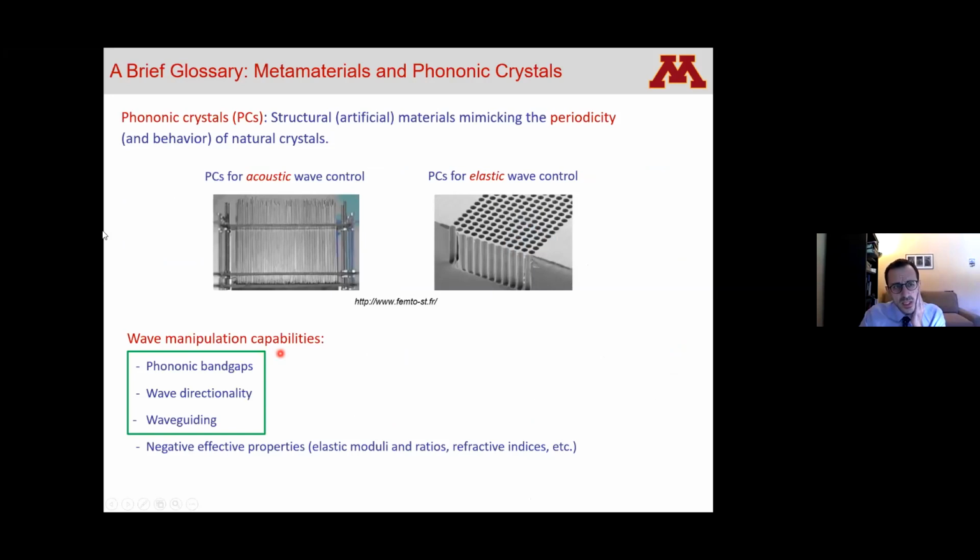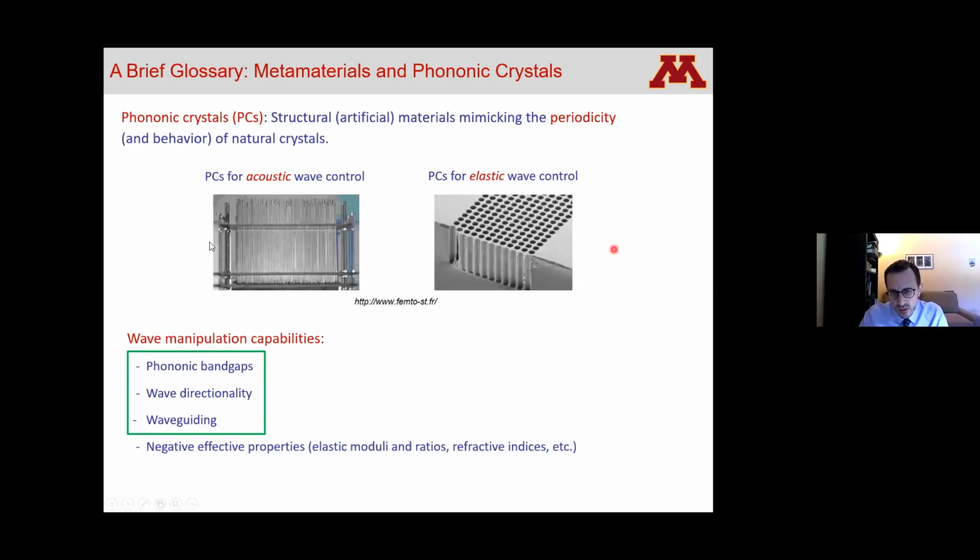Another concept that is important, somehow related, is the concept of a phononic crystal. A phononic crystal is essentially a structural material that mimics the periodicity of natural crystals, and therefore adopts some of the behavior that is observed in natural crystals.